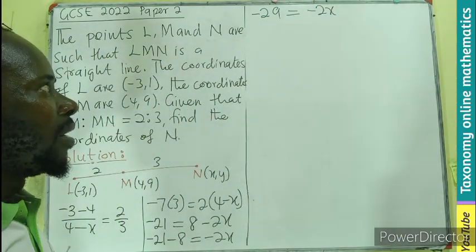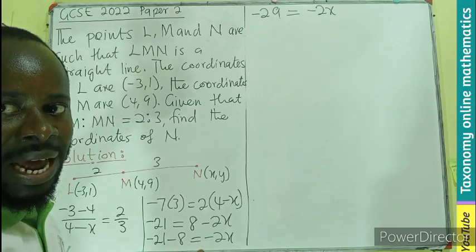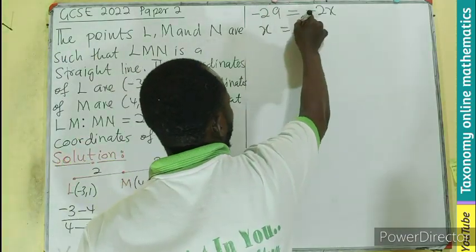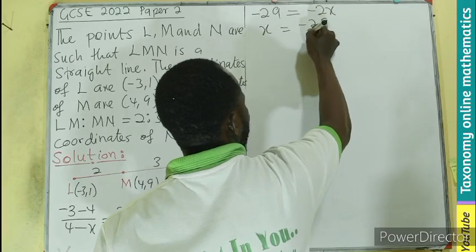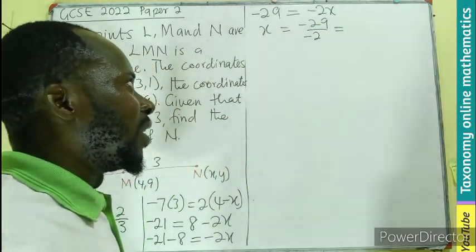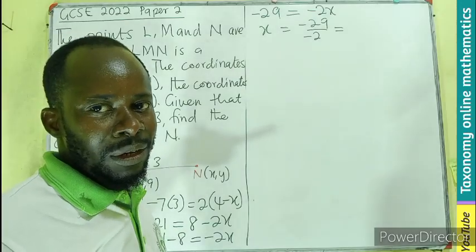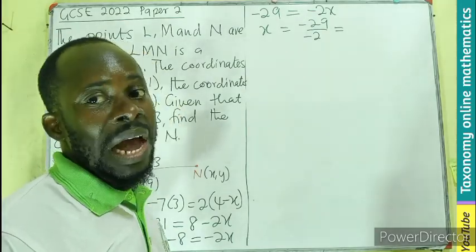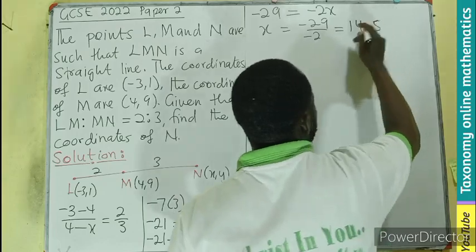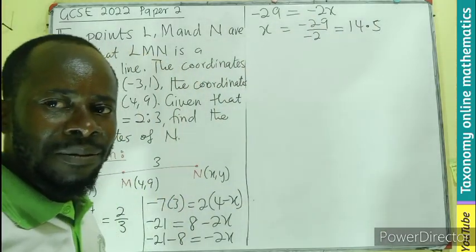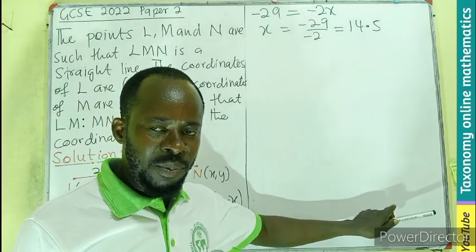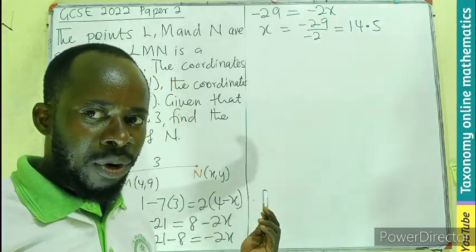Divide both sides by 2 to isolate x. So x equals 29 divided by 2, which is 14.5. You remember you have 14.5 for the x component.